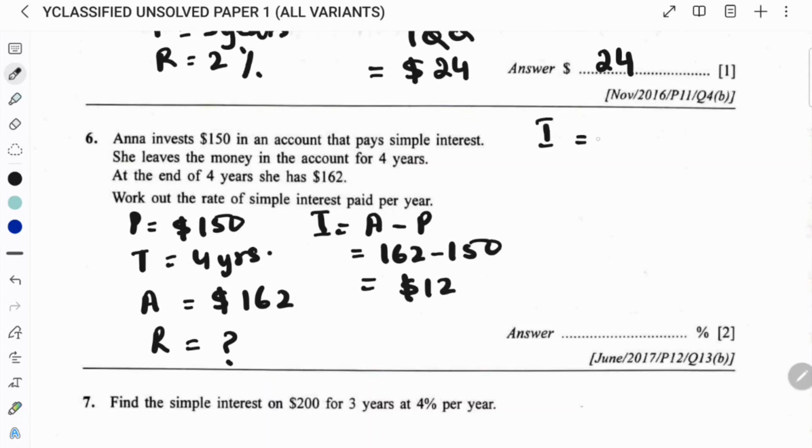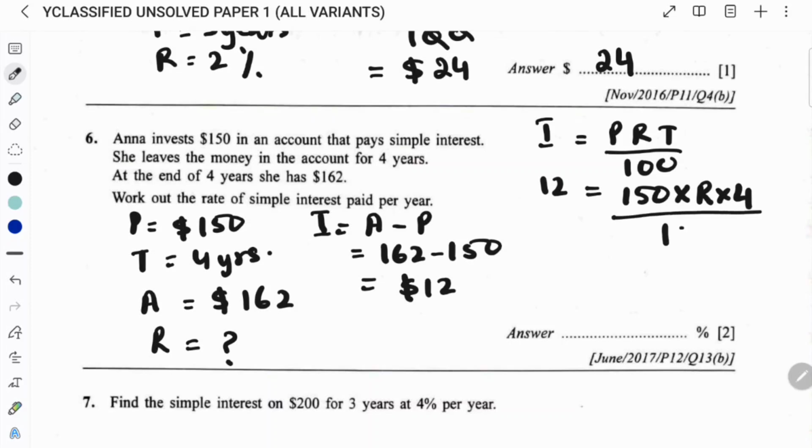So I equals P R T upon 100, and then we substitute the values and find the answer for the rate. I, the simple interest, is 12, the principal is 150, the rate is required, and the time is 4 years, divided by 100.